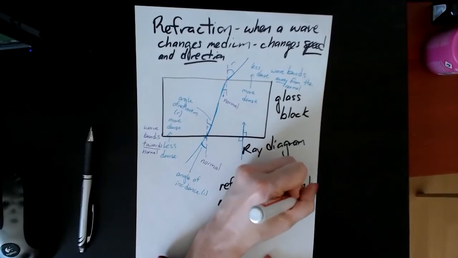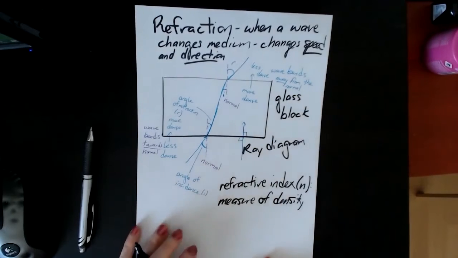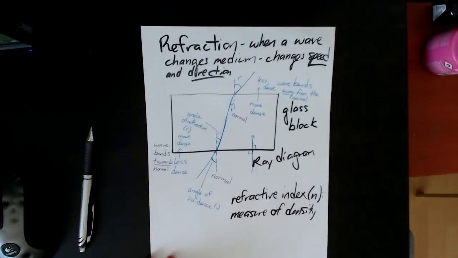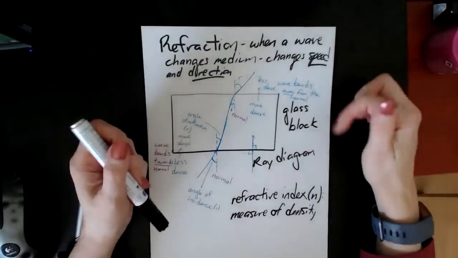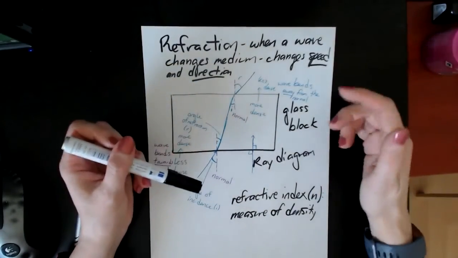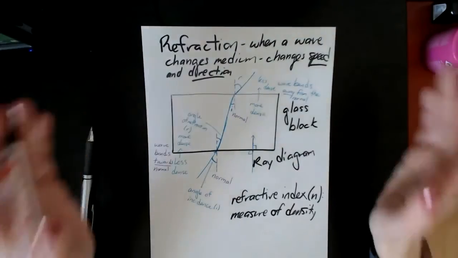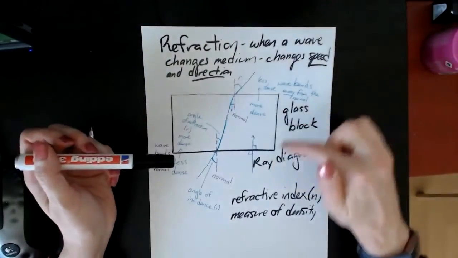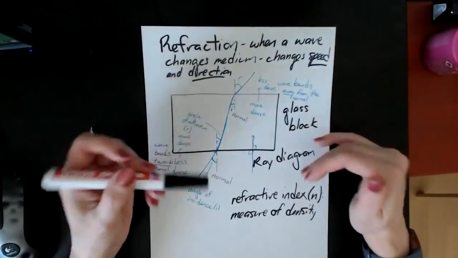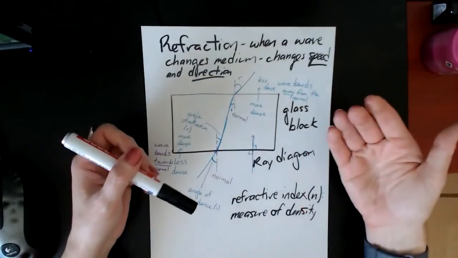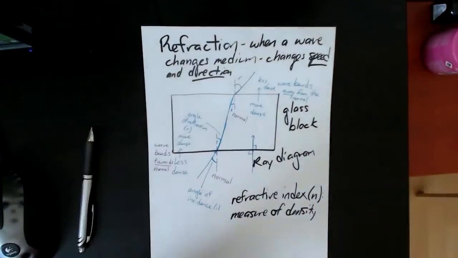And whoever discovered this stuff set the refractive index of air here on Earth as 1. So anything that you are dealing with, glass, plastic, water, will always have a refractive index of more than 1. If you get something that's less than 1, you've done something wrong, all right?